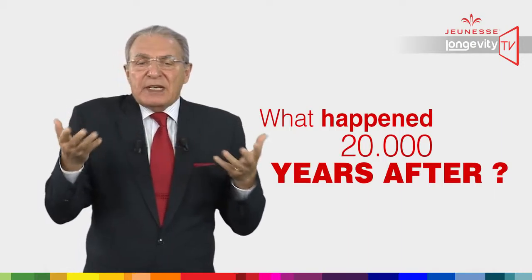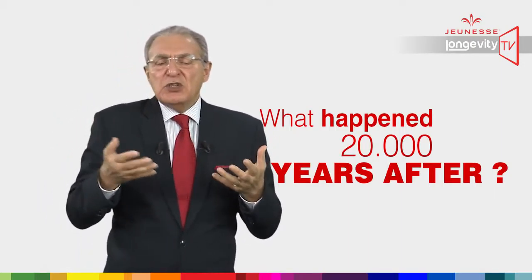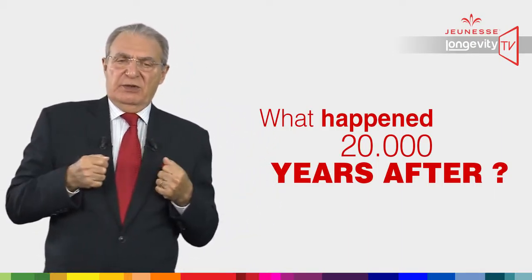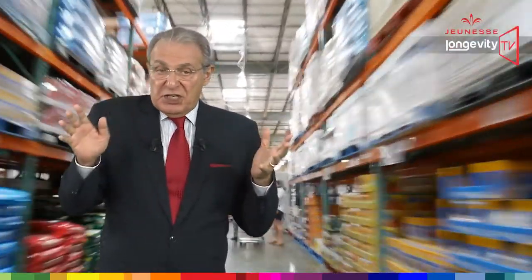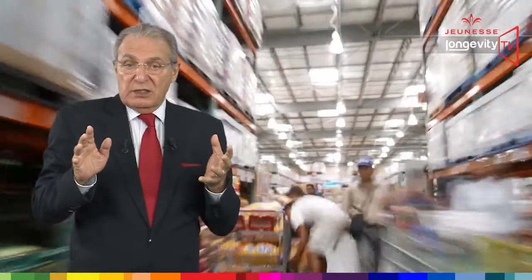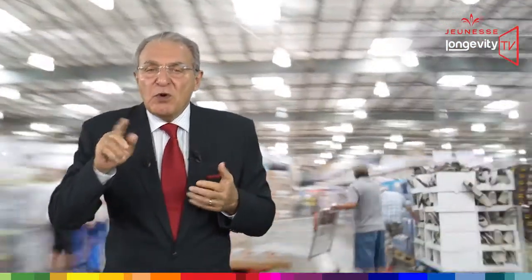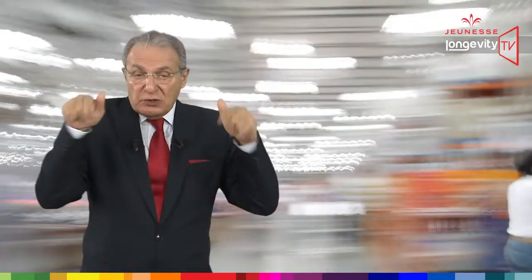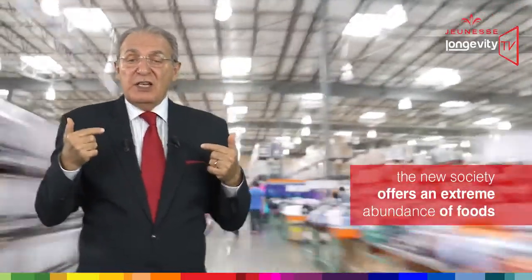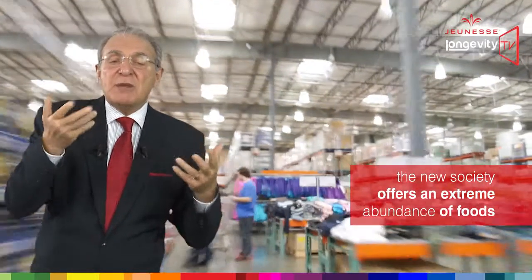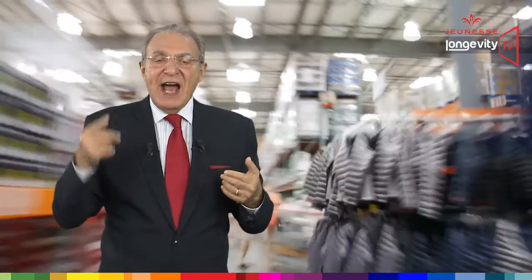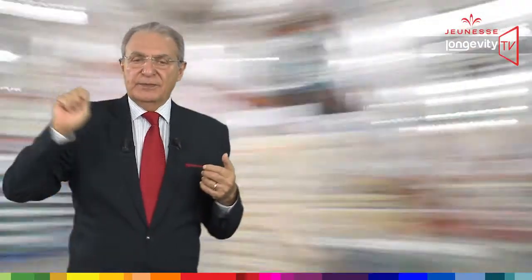What happened 20,000 years later? Our genes are still oriented towards saving mode, but there is no more famine. On the contrary, the new society offers an extreme abundance of food rich in calories, and that all over the year.